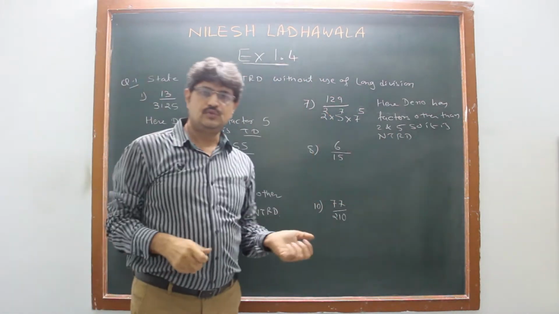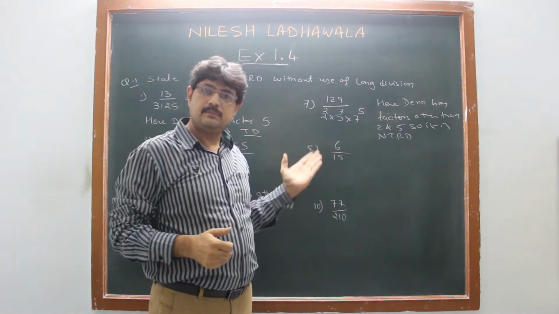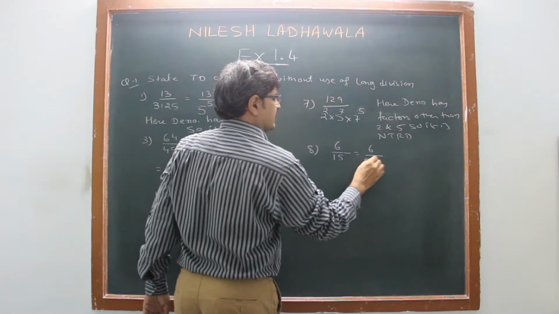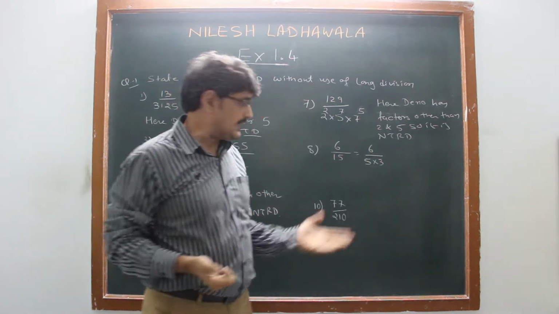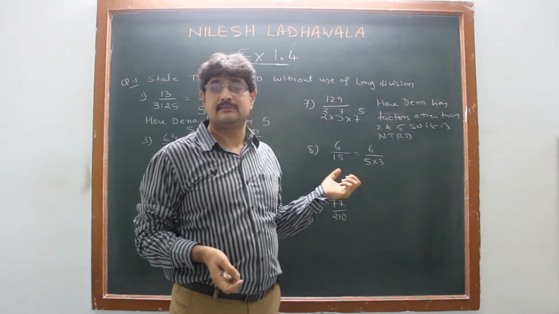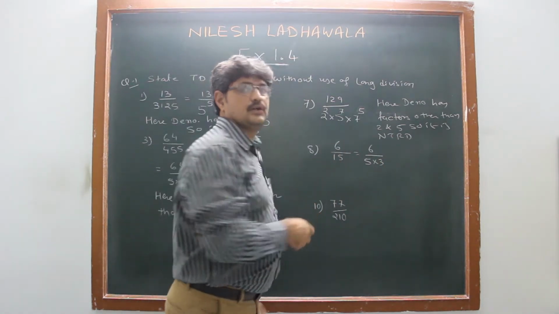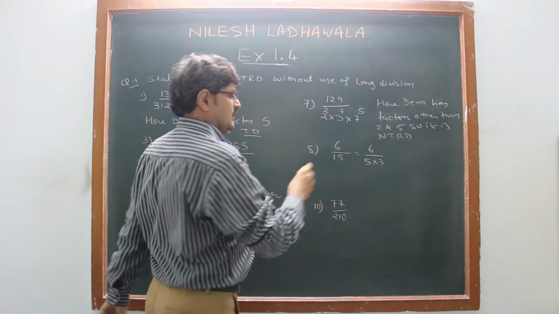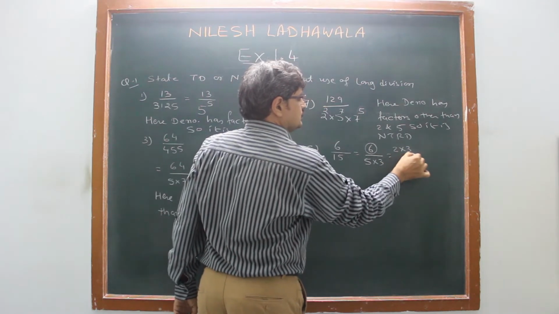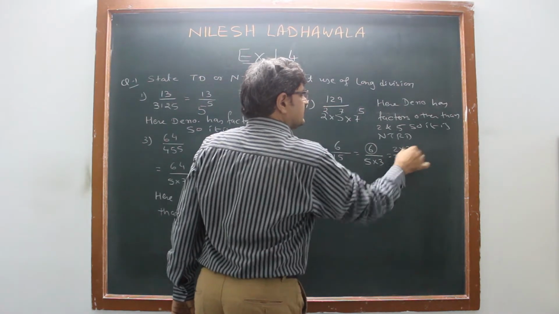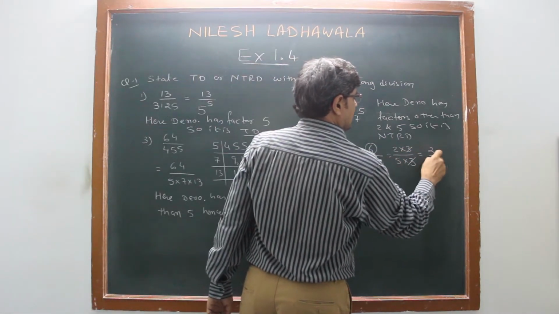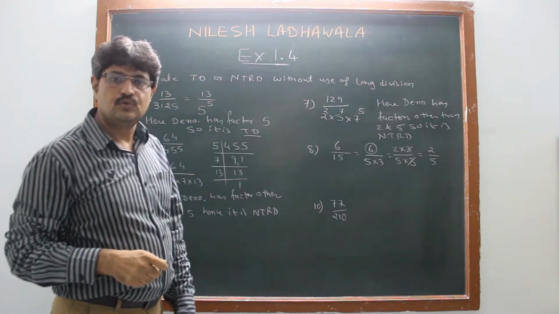Now you will be surprised why sir has taken this simple sum. If I write 15 as 5 into 3, you will think that we have a factor other than 5, so it is non-terminating recurring decimal. But you are wrong. Why? Because the 6 can be factorized as 2 into 3, and now I can cut 3, and the simplest form of the number is 2 by 5.